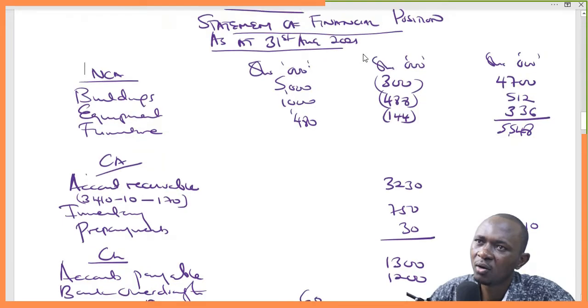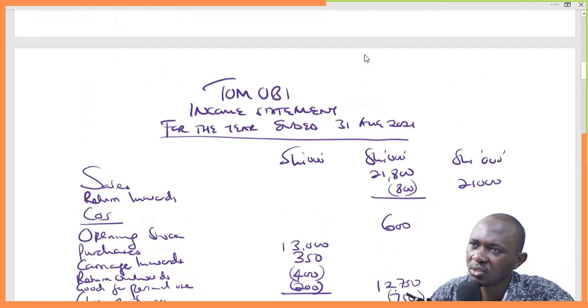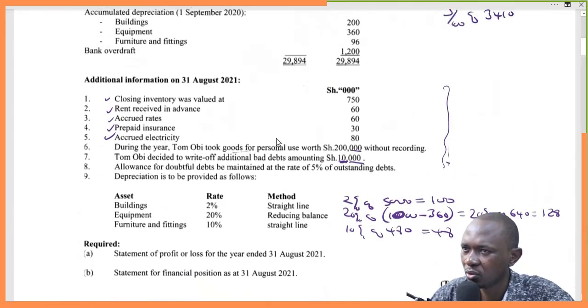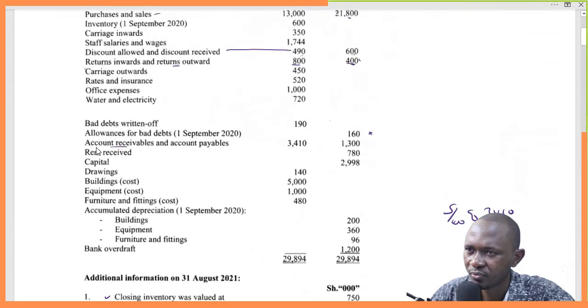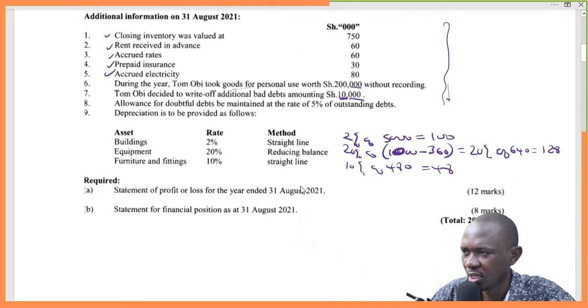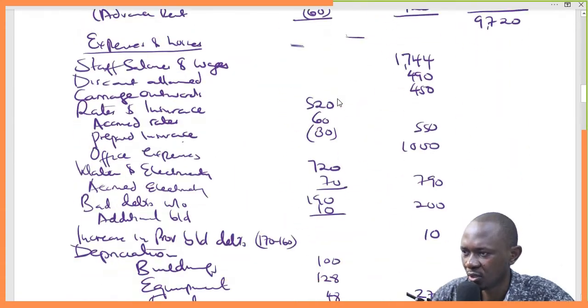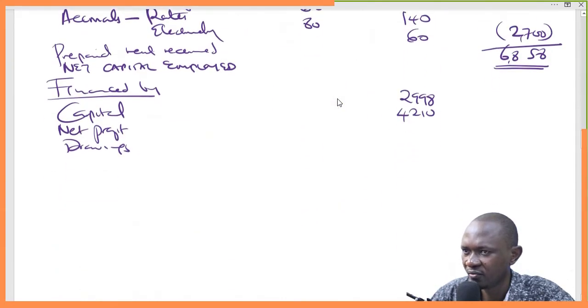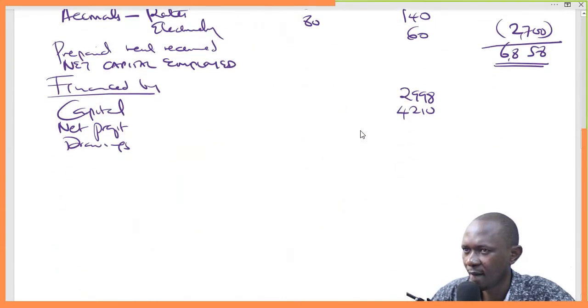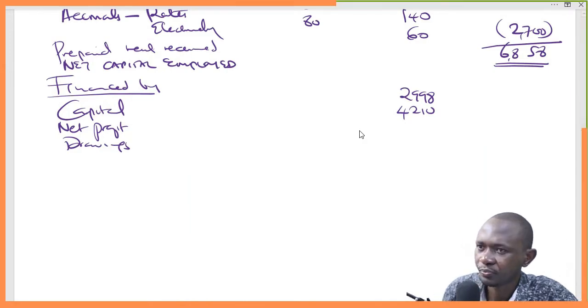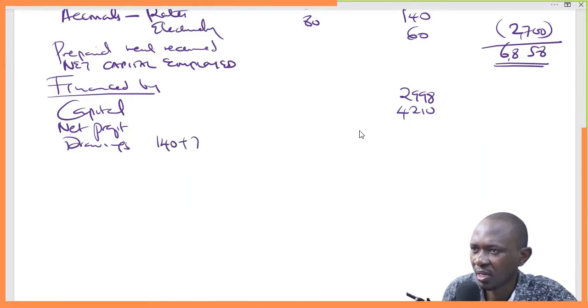Drawings is how much? Remember there were 200 worth of goods that were drawn from the business. So our drawings is 140, and then we add what was taken from the business, 200. So 140 plus 200 gives us 340.